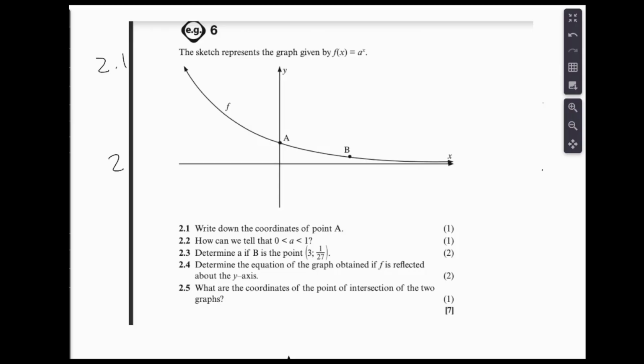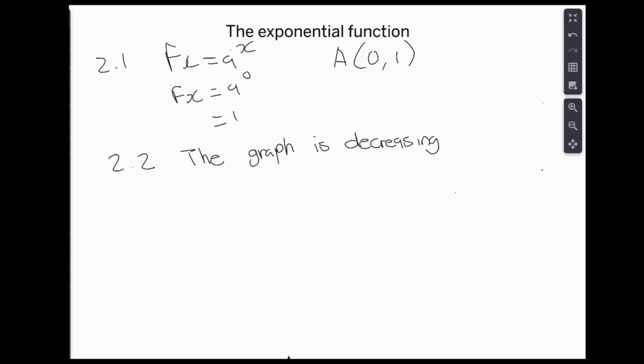Okay, we continue. Now, determine if B is the point (3; 1/27). Now at this point we would need to find the value of a in f of x equals a to the power of x. So we have the question saying that (3; 1/27) is a point on this graph.